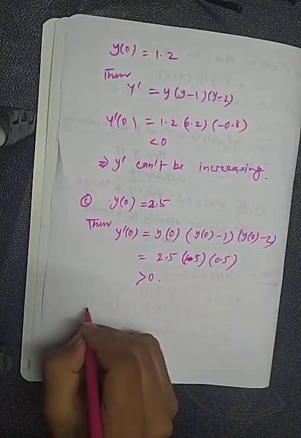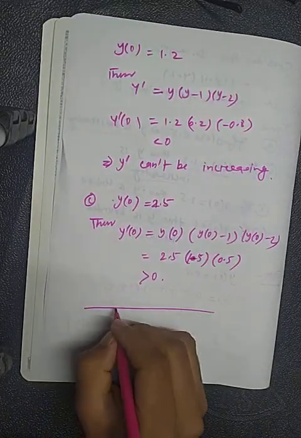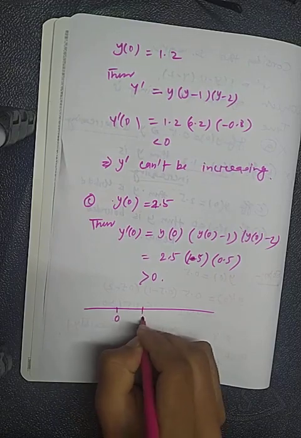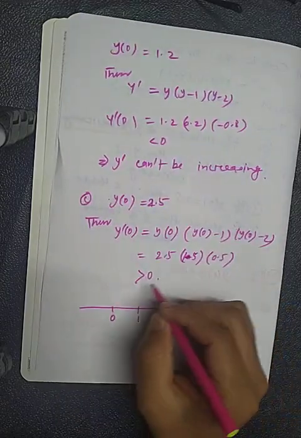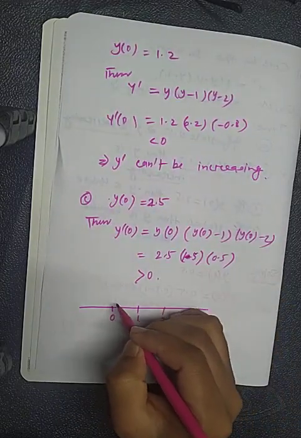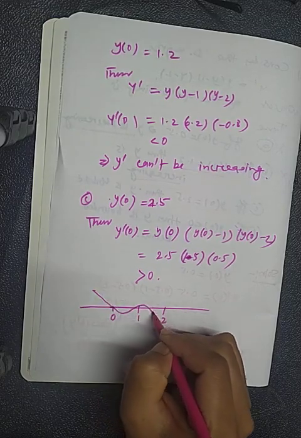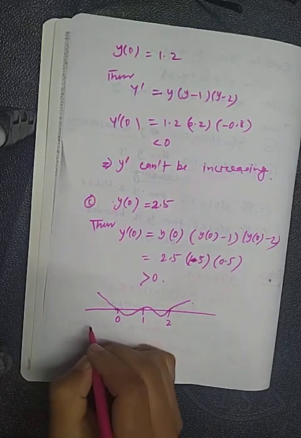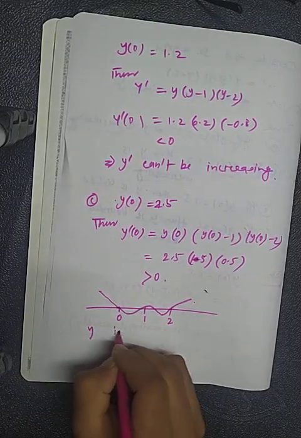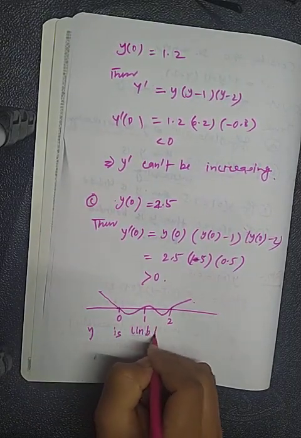If we try to plot the curve with 0, 1, 2, greater than 0, that part will be this, and we can say that y is unbounded.